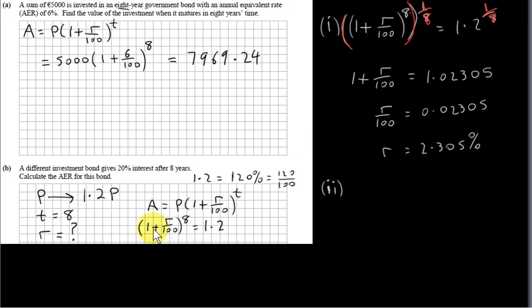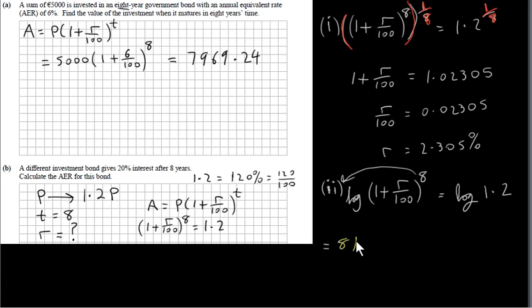Now the other way to do this is to start with this equation and get the log of both sides. So just write log in front of both sides. And then we use one of the rules, a rule for logs. If you haven't seen it before, you can multiply the power in front. So we have 8 log 1 plus R over 100 equals log of 1.2.